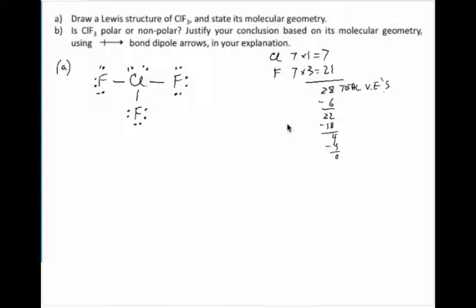We have 5 pairs of electrons around the central atom, being chlorine. So when you have 5 pairs of electrons around the central atom, the electron pair geometry is trigonal bipyramidal.